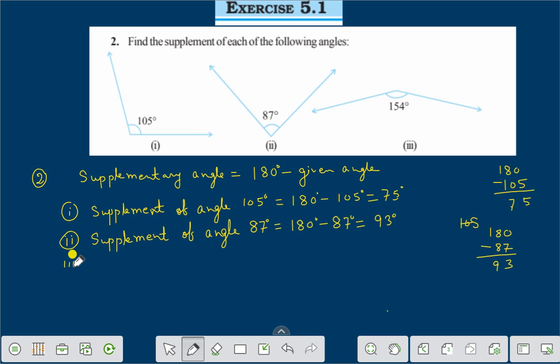Therefore you can say the supplement of angle 154 degrees is equal to 180 degrees minus 154 degrees.